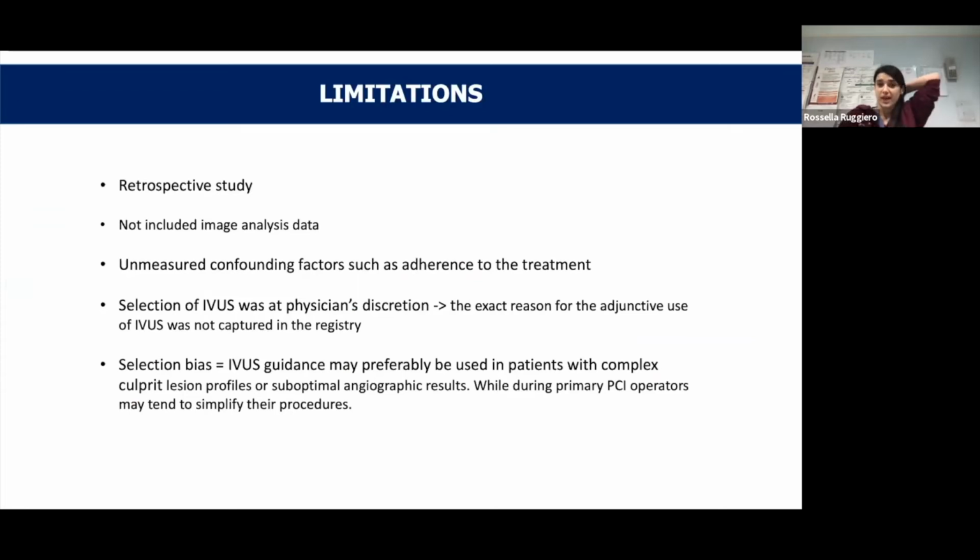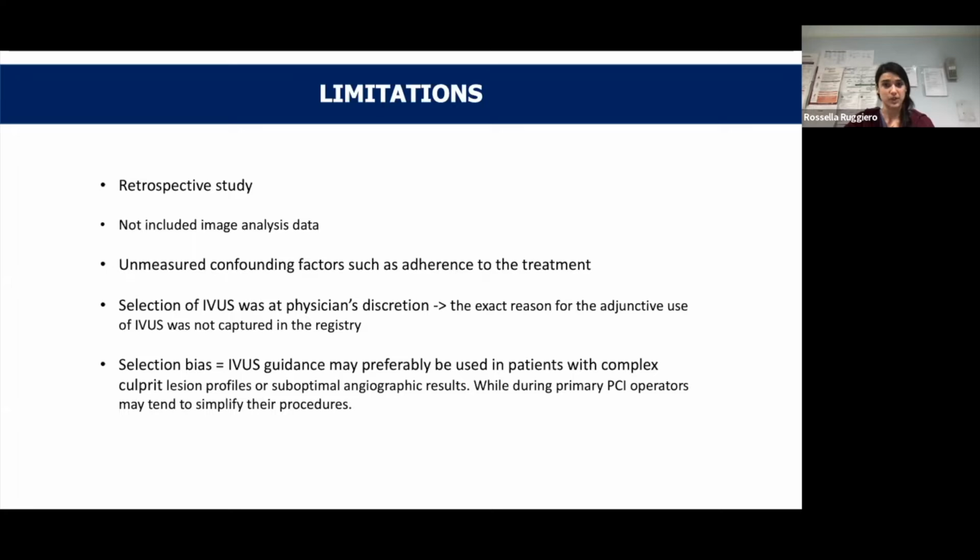Of course, this paper has several limitations. First of all, it is a retrospective study. Image analyses were not included in the main paper, and this is a very huge limitation. And also, there was the presence of unmeasured confounding factors, such as the decision of the interventionalist to perform the IVUS or not.